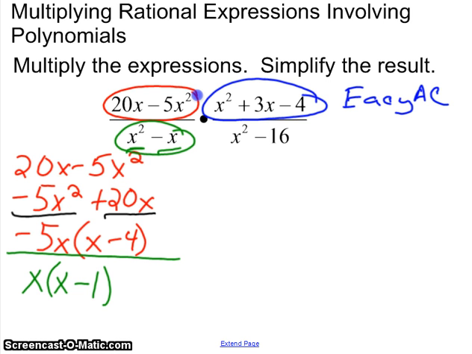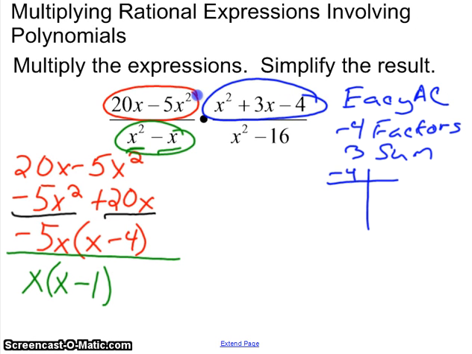I'm going to look for factors of -4 whose sum is +3. 4 times 1 is 4. If I do 4 minus 1, I get 3. And 4 times -1 is -4. Those are my magic numbers. So I'm just going to substitute them in.